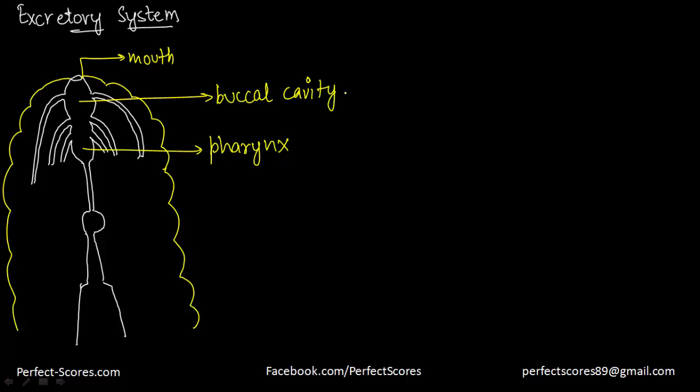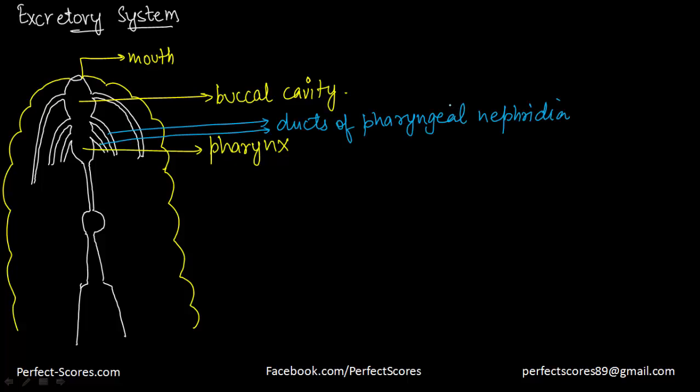These tube-like structures that you can see are the ducts of pharyngeal nephridia. And then there are some blood glands also present around here. Let me highlight them. These are the blood glands.